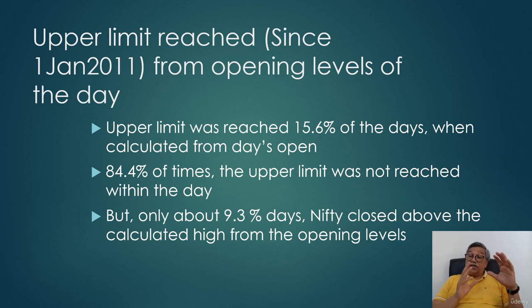Since 1st January 2011, I have checked at the end of the day how many times the upper limit was reached. It was reached on about 15.6% of days, and on 84.4% of days the upper limit was not reached. Though it crossed on 15.6% of the days, only on 9.3% of days was the daily close above the upper calculated level.